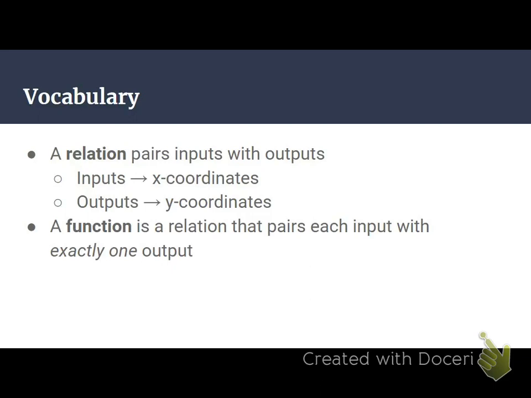Okay, so you could kind of think about relation as relationships. Like you've got lots of relationships in your life. Friends, family, things like that. Okay, everybody has lots of friends. But hopefully, if you are in a committed relationship, like a boyfriend, girlfriend, or whatever your preference may be, you only got one.